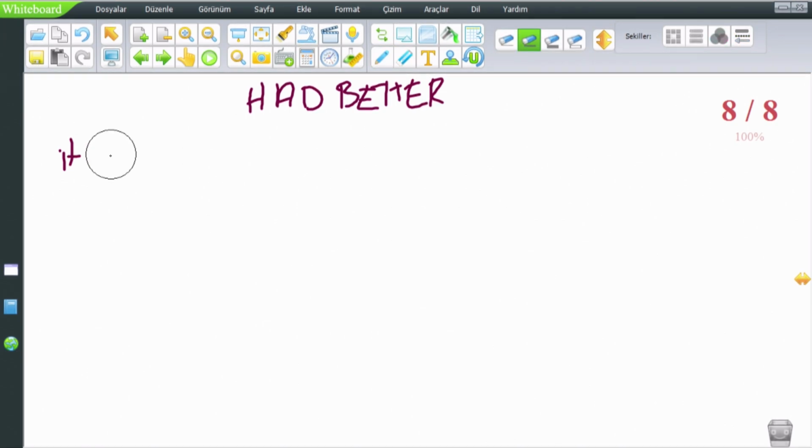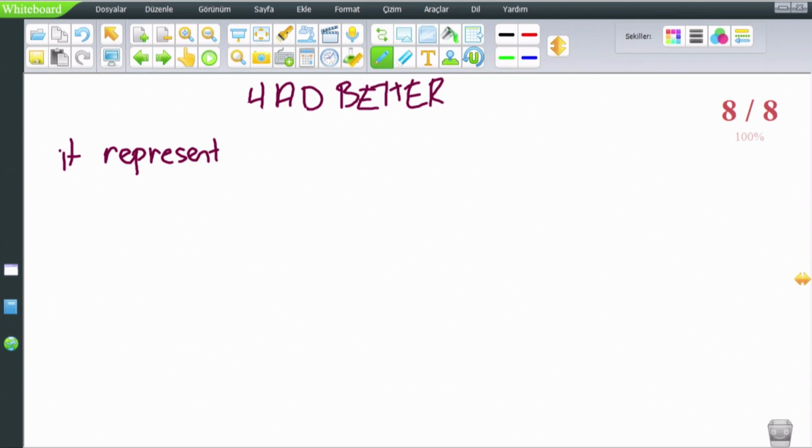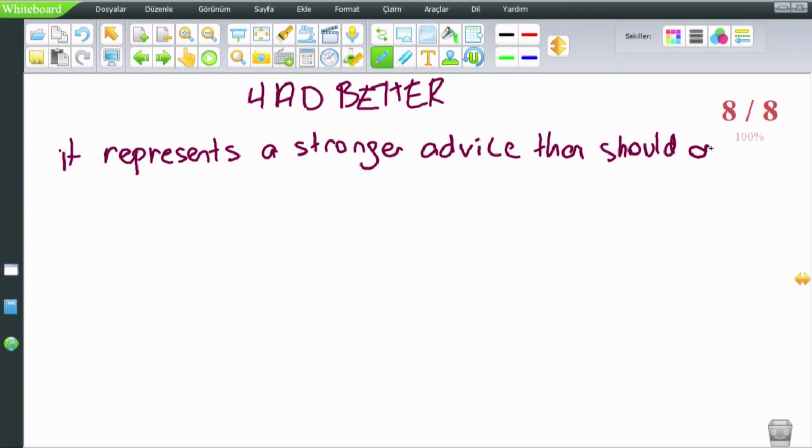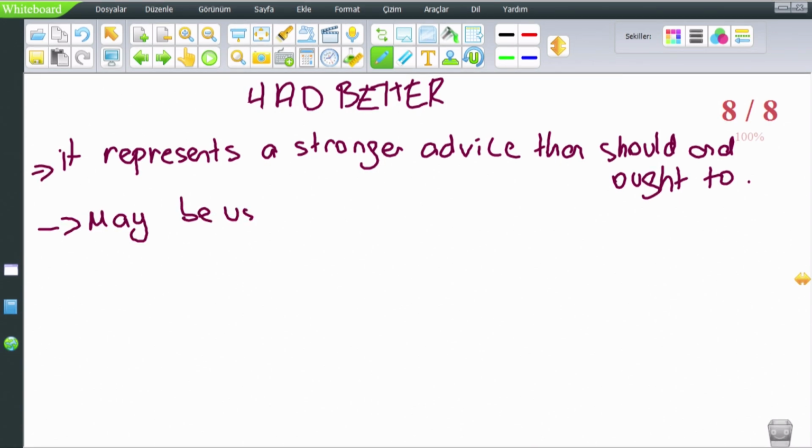It represents a stronger advice than should and ought to. One more thing, it may also be used to express a threat.